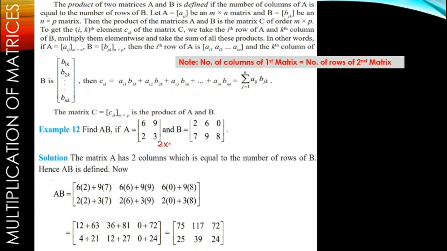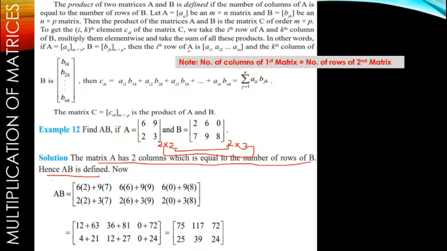The order is 2 by 2 and 2 by 3. See, always when you multiply, please check the order first, so that there is clarity. The inner orders are the same, right? So that means we can multiply. What will be our resultant matrix order? 2 by 3. Got it? So first you have to write that matrix A has 2 columns, which is equal to the number of rows of B, hence AB is defined.